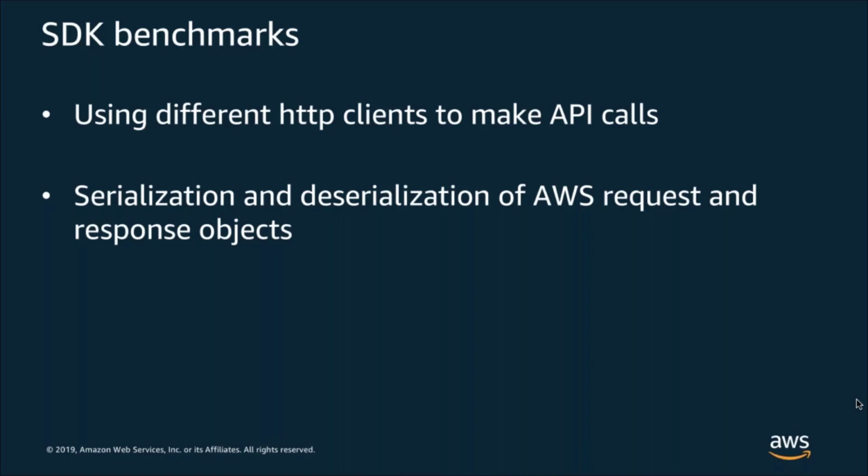We also have benchmarks that measure performance for serialization and deserialization of AWS request and response objects. The SDK supports a few protocols, such as JSON and XML. Our benchmarks cover all the supported types.